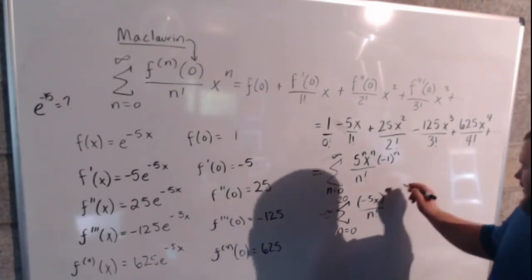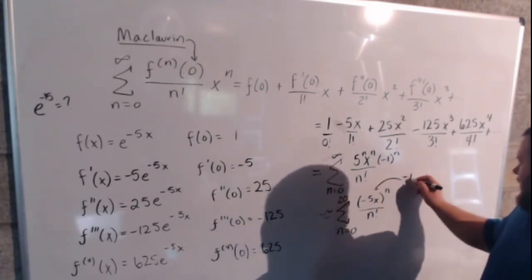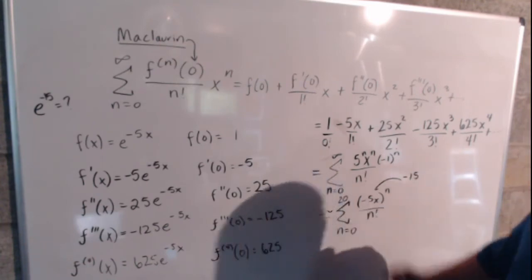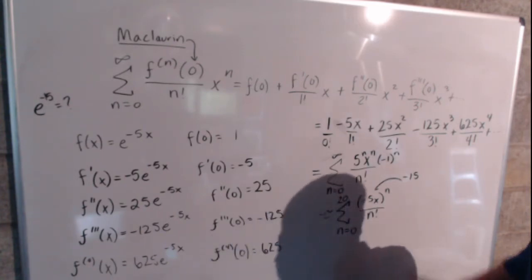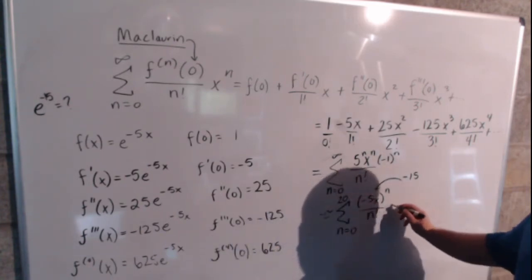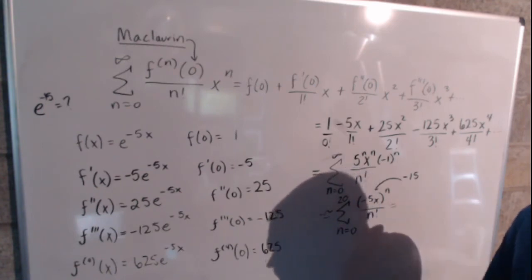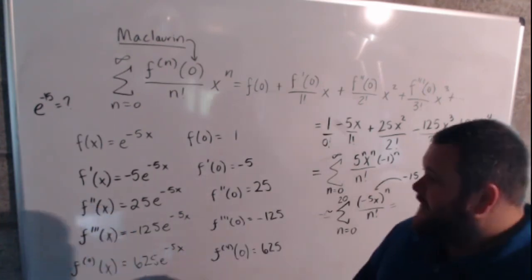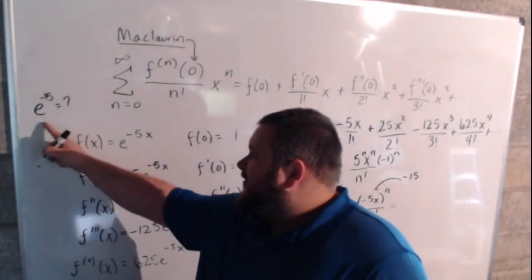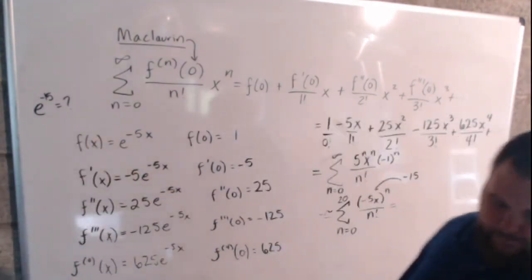So in your calculator, you're going to be plugging in -15 inside the parentheses. And your n's will more than likely be x's in your calculator. That's okay. So can someone plug that in and tell me what they get? And would someone else go ahead and calculate e to the -15 and tell me what they get?